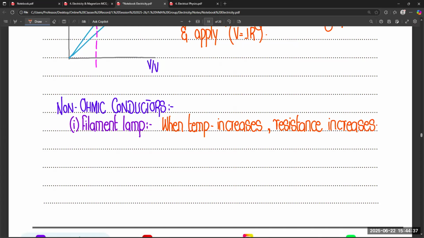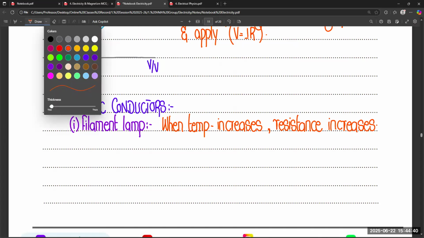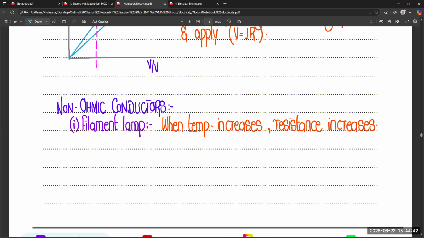And why does this happen? This happens because when temperature increases, the vibration of atoms increases.